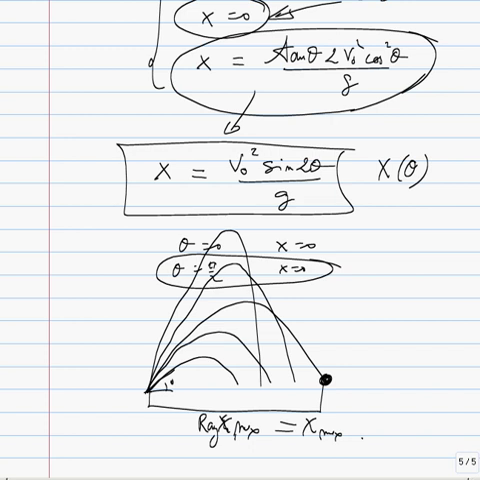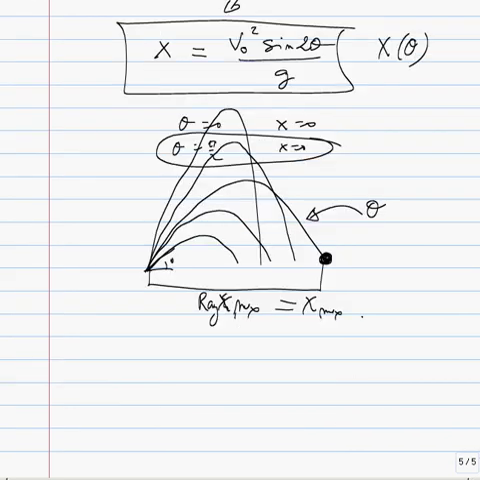So let's figure out that interesting angle that would give you the maximum range. How are we going to figure it out? Well, we can always use the results from calculus.